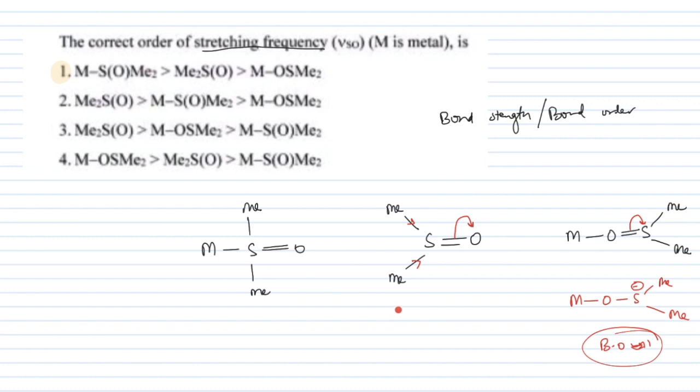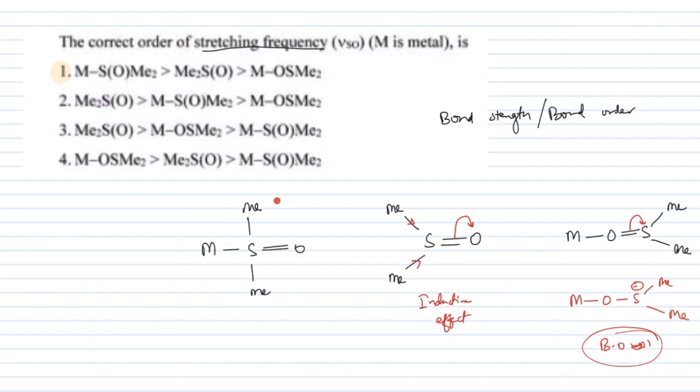So which effect is actually happening over here? Obviously the inductive effect of these methyl groups is causing this to happen, and this sulfur oxygen bond will become a single bond now.